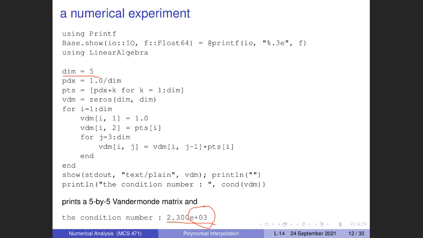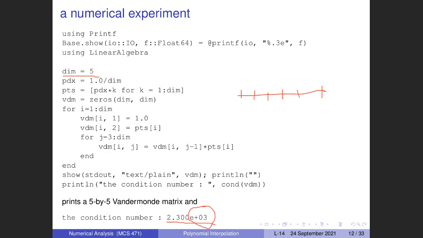With this slide, I want to indicate the making of the van der Monde matrix. So we have our vector of points. Here the points are all equidistant. We have an interval 0, 1, and we will subdivide this in 5 equal spaces.